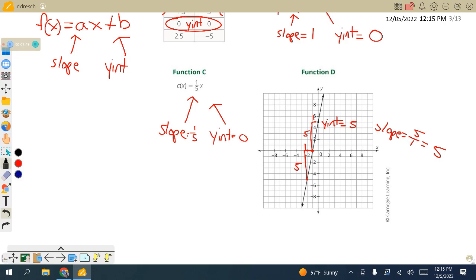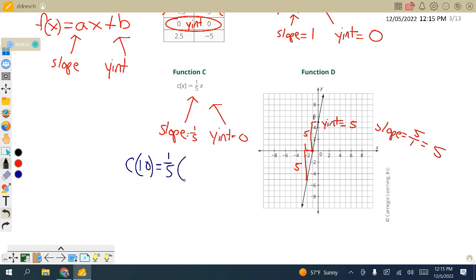Give me a second. You choose a different color. Oh, that's a C, not an F. What if I ask you C of 10? What do we have to do? We have to plug it into our calculator, correct? We want to take 10 into 1/5.